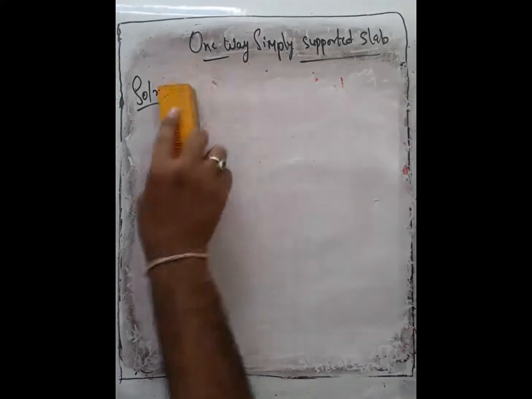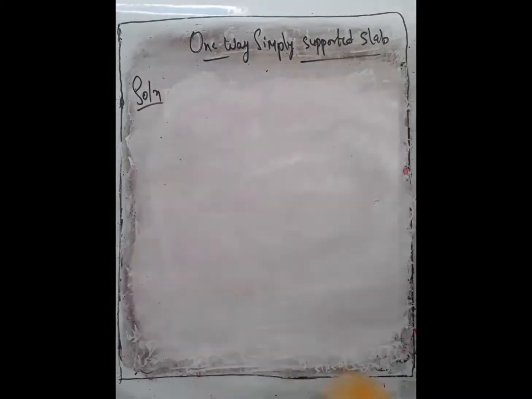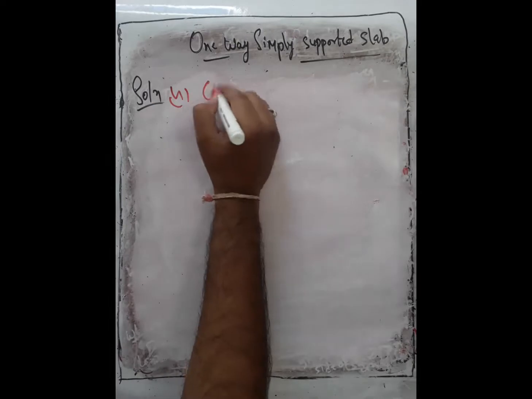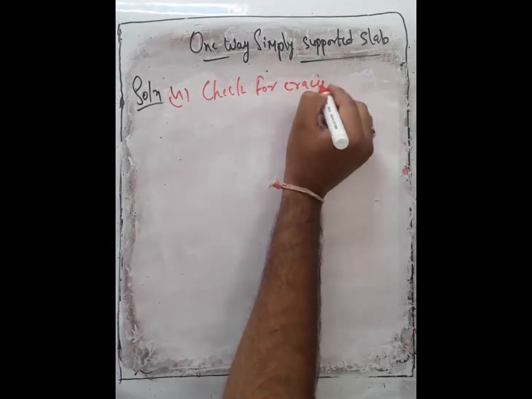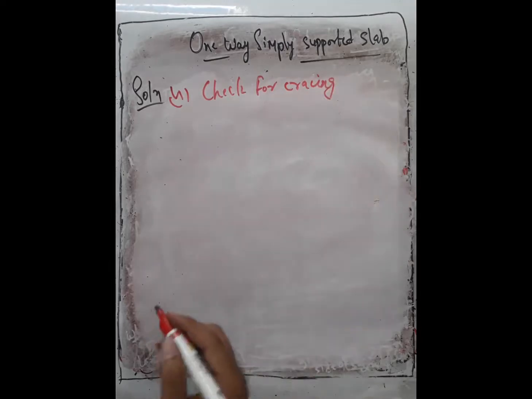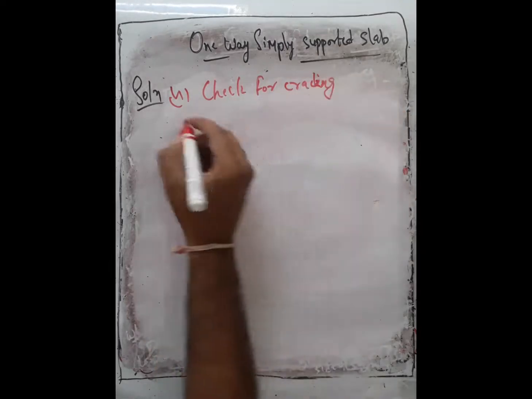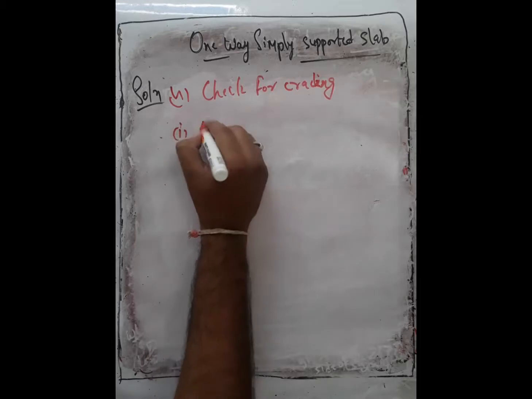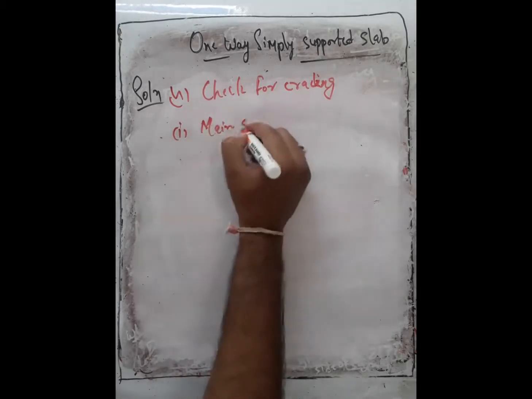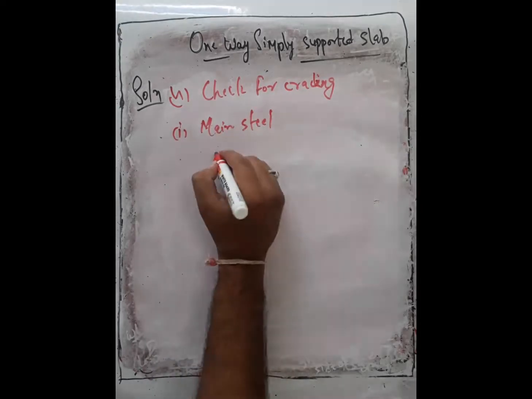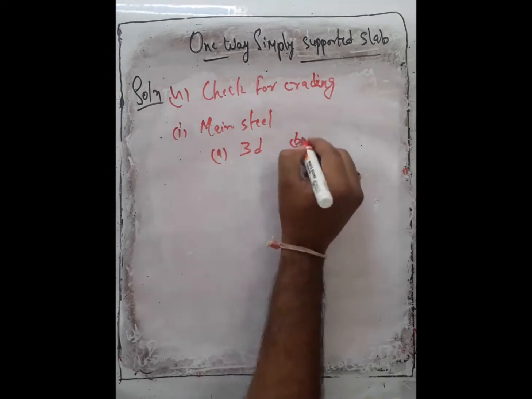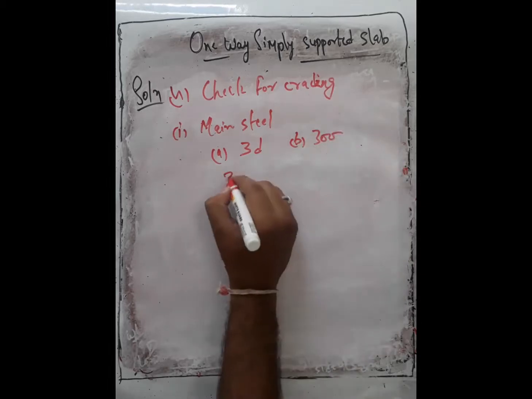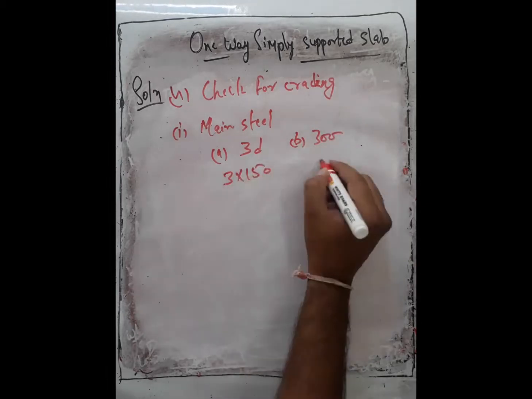We have been asked to find the control of deflection and check for cracking. So here we take first the check for cracking. We know that for main bars, for main steel, we have the values 3D and 300. So 3 into 150 and 300.